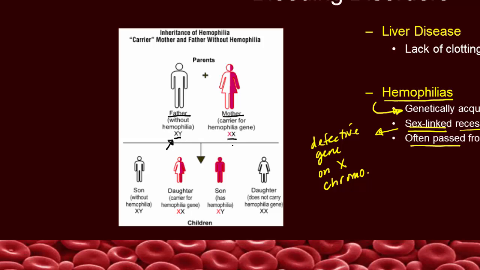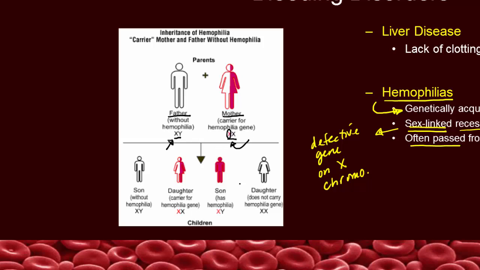If the female carries the defective gene on an X chromosome, both of her X's would have to have the defective gene in order for her to have the condition, because she has two X's. What this is showing here is that the X chromosome in this female that's red tells us that particular X chromosome has the defective gene on it.